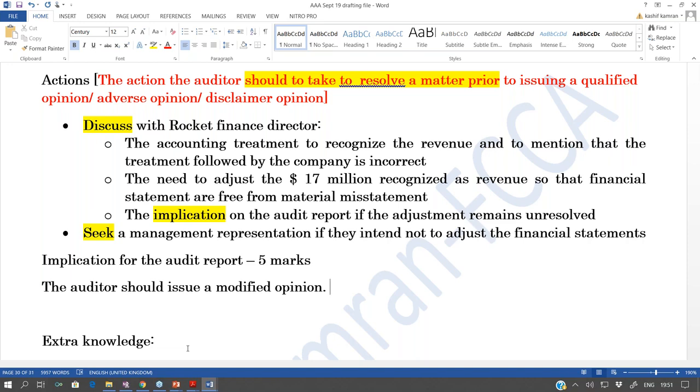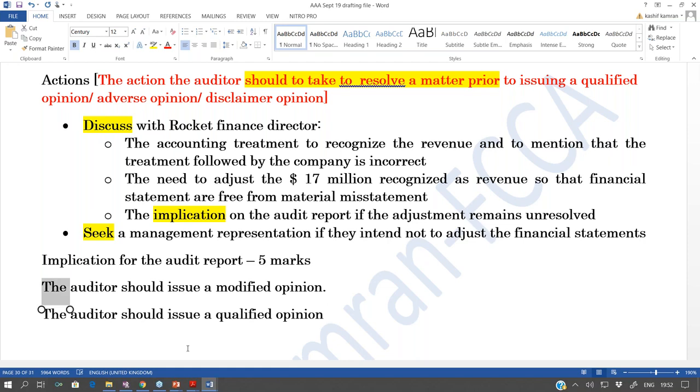No. Okay, you go to the exam hall and you do this: the auditor should issue a qualified opinion. Will you get 5 marks for this? You have 5 marks to score on the implication for the audit report. So first we will tell the implication for the opinion, because opinion is part of the report, right?